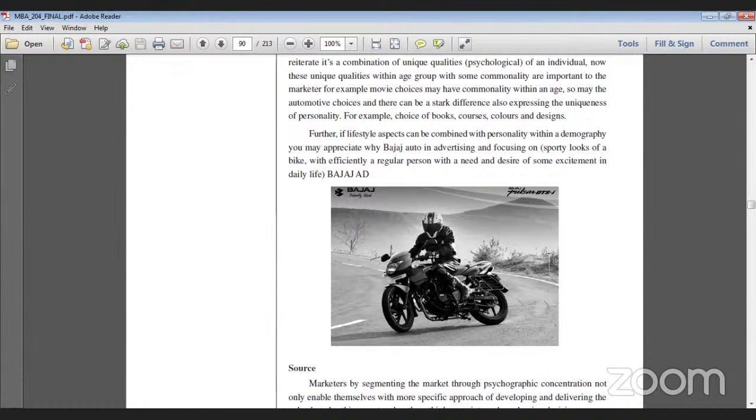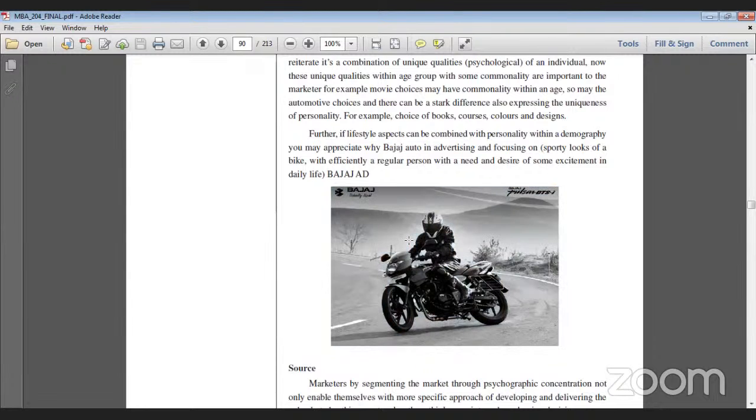Definitely it's a sporty look, and efficient for the regular person who needs and desires excitement in daily life. Definitely, if a person requires more excitement in daily life, he is going to purchase this kind of bike, with the slogan "Definitely Male."